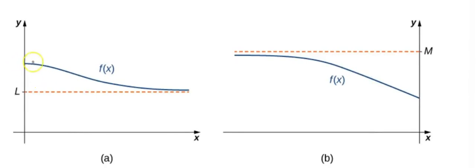The blue function is traveling, and then it seems to run very, very close to this orange dashed line. This orange dashed line happens at capital L. So as you can see the function trailing very close to L, we are using this idea in terms of limits at infinity to define horizontal asymptote.